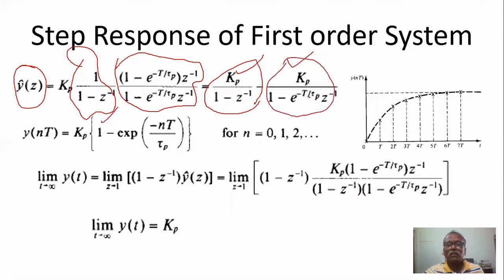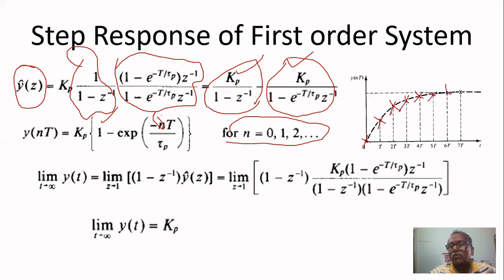For this, it is e power minus nT by tau p. So as n varies from 0 to infinity, you will get many values. If you plot all these, you will get the response of the system.